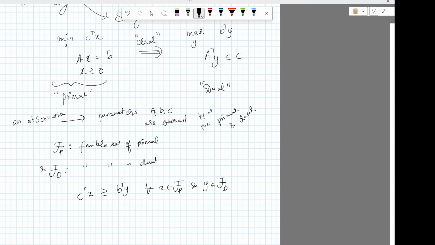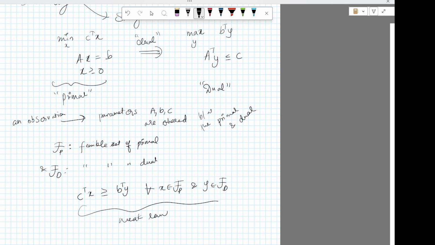This is the weak law. The weak law is saying a primal solution always upper bounds the dual solution. The dual solution lower bounds the primal solution.